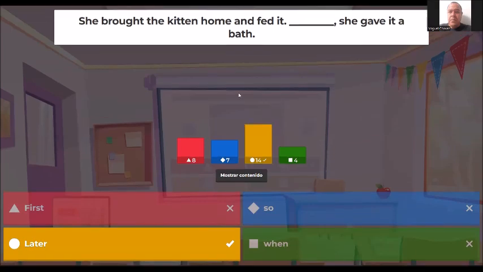Later is the correct conjunction. She brought the kitten home and fed it. Later, she gave it a bath.